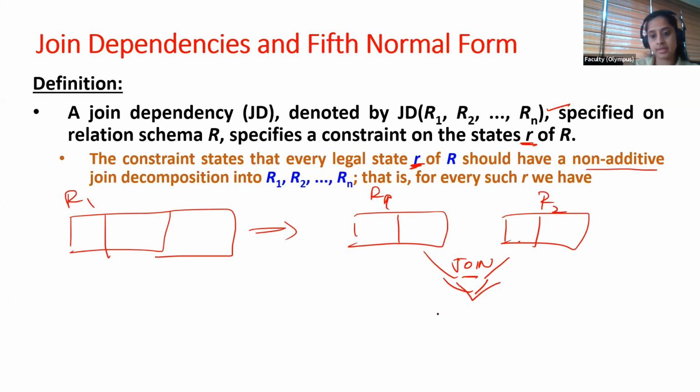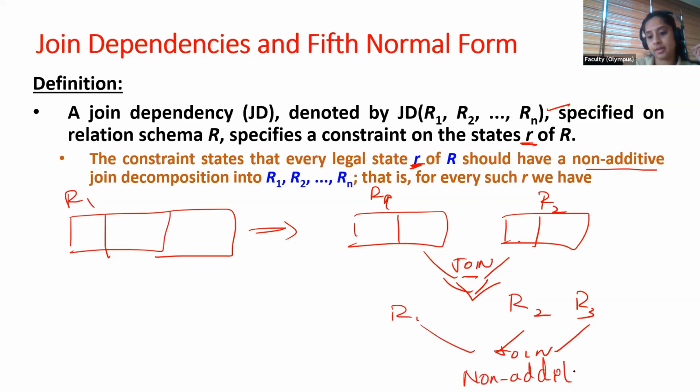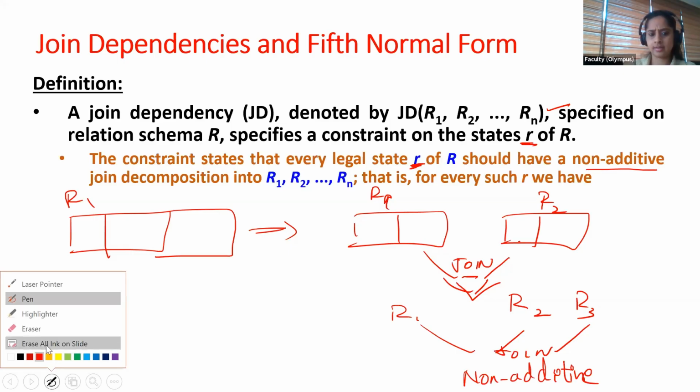To solve this, we need to break them into three tables, R1, R2, R3. When these three tables are joined again, then you will see the non-additive property. So is that clear? That is what he's trying to tell here.